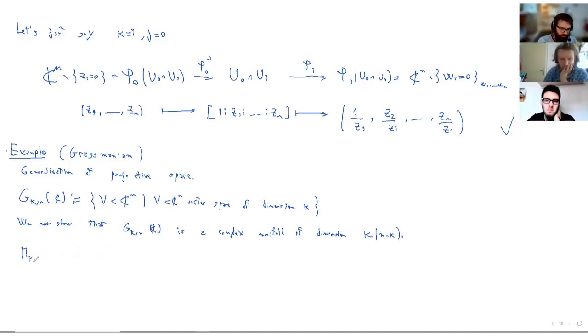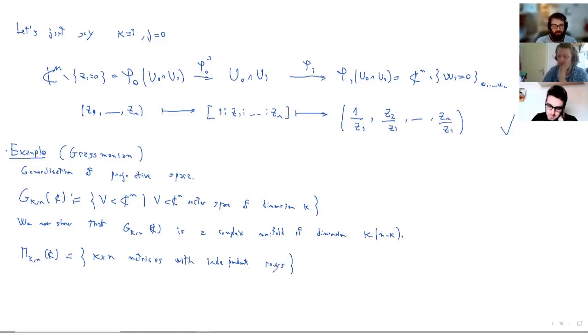Okay, so let M(k,n)(C) be the set of k times n matrices with independent rows. So basically what we're saying here is that the rows of these matrices generate spaces here.